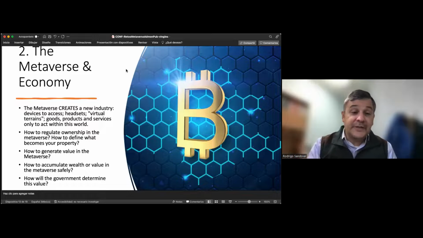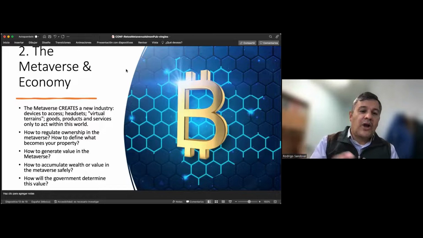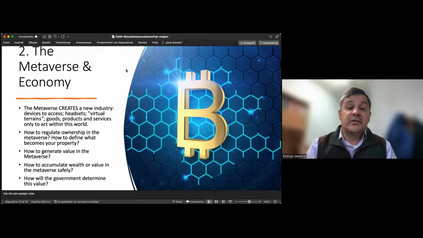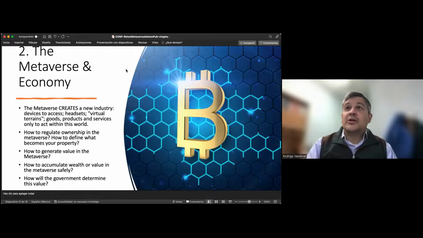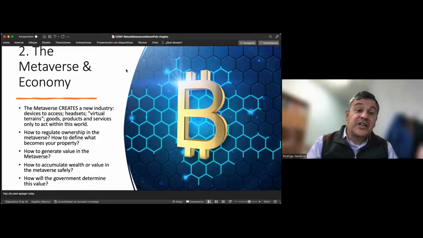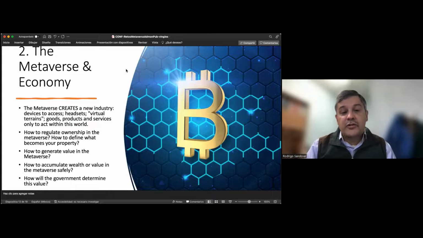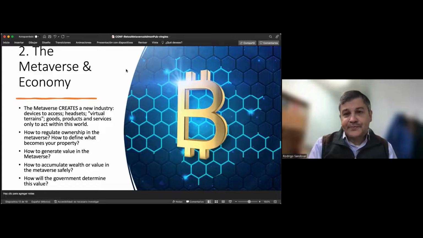How to define what becomes your property. Will it be defined by countries? Will it be defined by a worldwide leader or regulator of the metaverse?